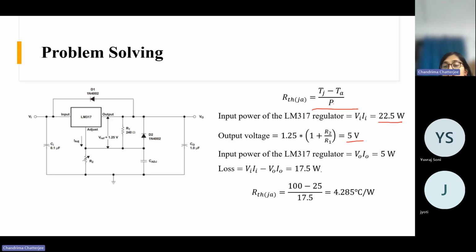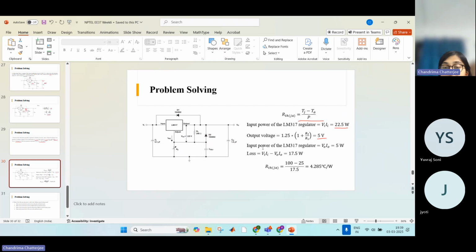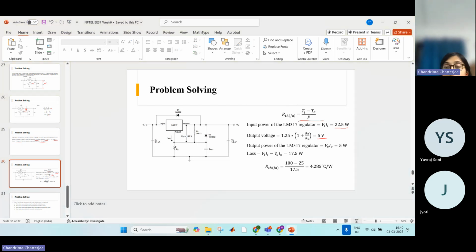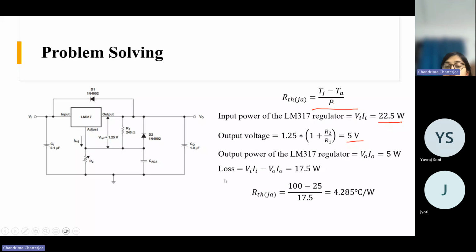And they have given the output current, so this is the output power. The output power is 5 watt.